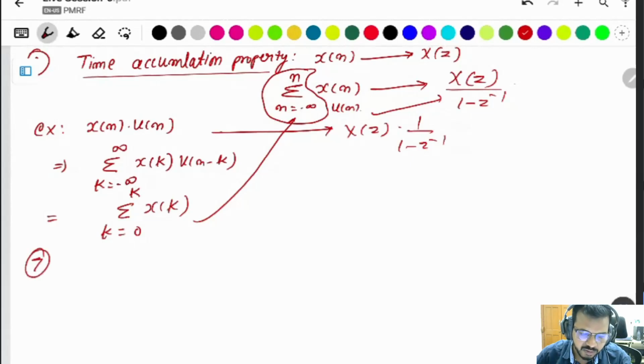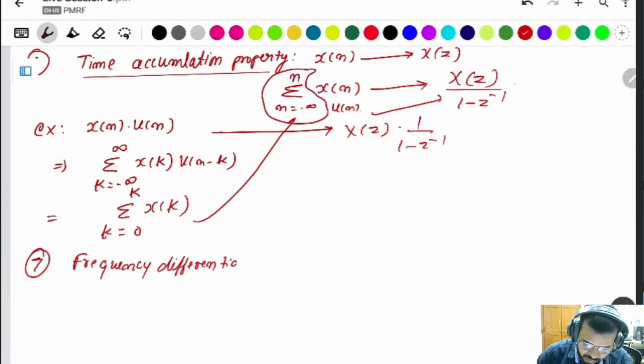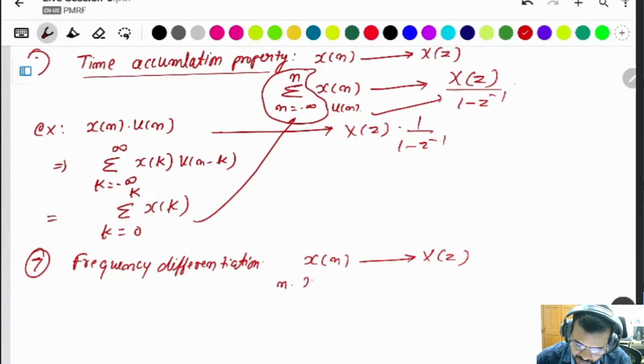In the seventh property, frequency differentiation. When in the frequency domain, I have to differentiate. x(n) has some z transform X(z), and if you multiply by n, like t in Laplace transform, this will be minus z d by dz of X(z).